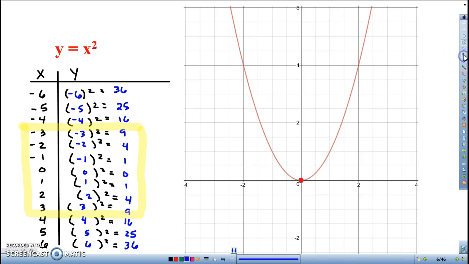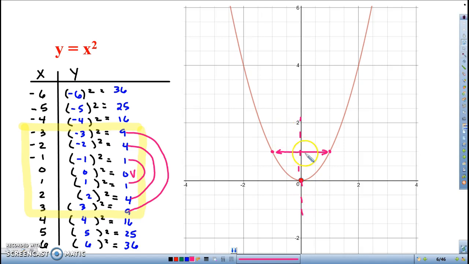You can find the vertex from your table. If you look for, do you see this here? That's your vertex. My y values repeat here, my y values repeat here, and they repeat here. They should, because these points reflect across your axis of symmetry. Your axis of symmetry being right through your vertex.